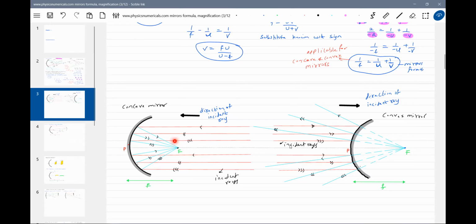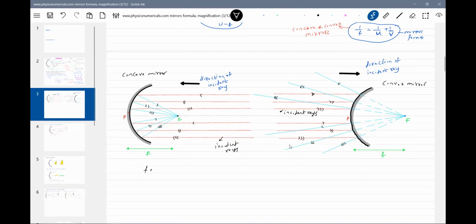Opposite to the incident ray, because the incident rays are towards the left, and we are measuring the focal length from the pole opposite to the incident ray. So for a concave mirror, the focal length will be negative. Like we write f equal to -10, -20, -30, depending upon the curvature.